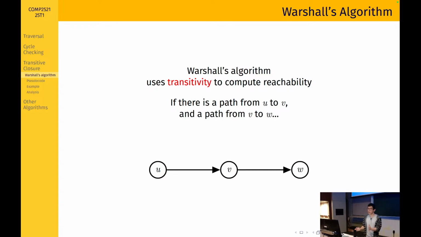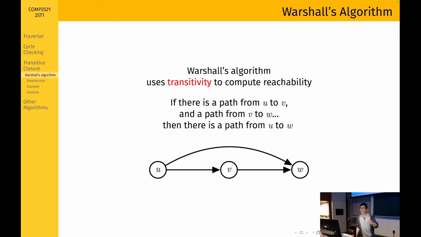But the idea is, if there is a path from U to V, and there is a path from V to W, then that means there's a path from U to W. So that's transitivity. And Warshall's algorithm uses transitivity to compute reachability. It applies this rule many, many times.